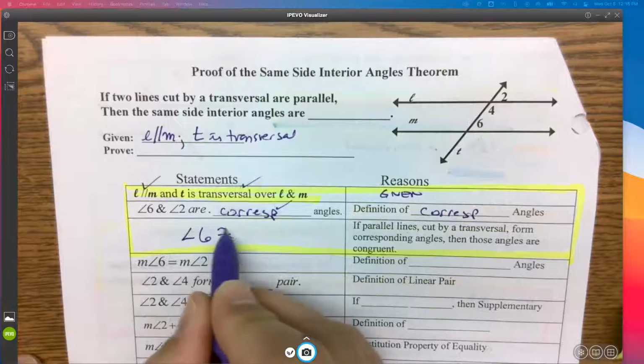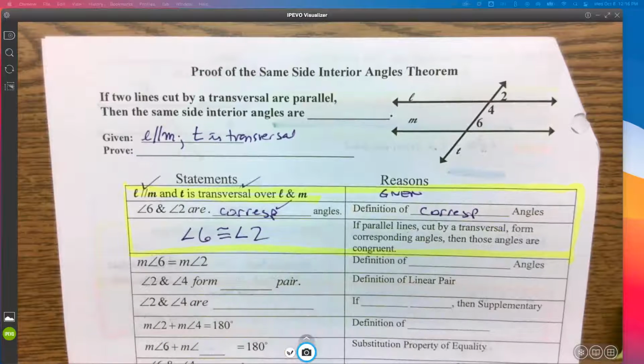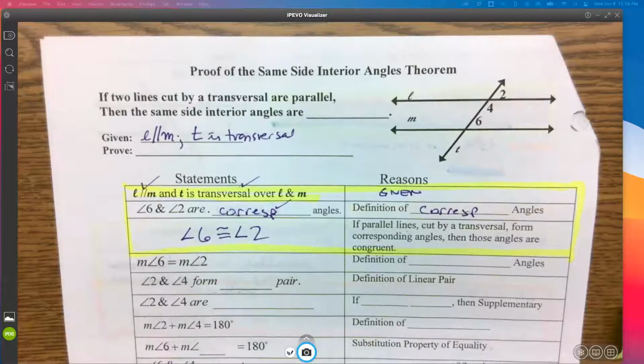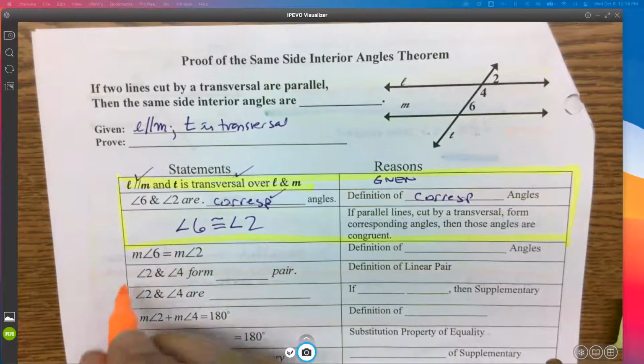So angle 6 is congruent to angle 2, just like we did before so far. Now I'm going to leave this fourth step alone for just a second. I'm going to skip it. And then I'm going to go here.